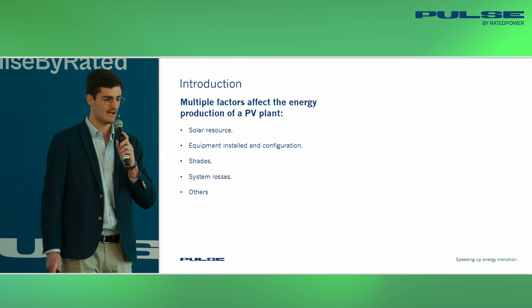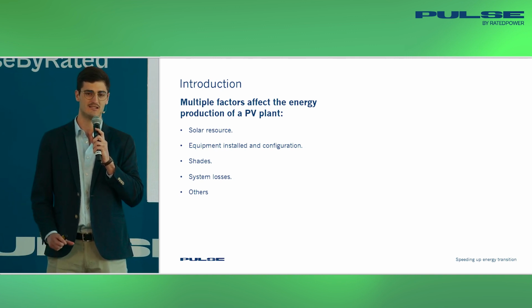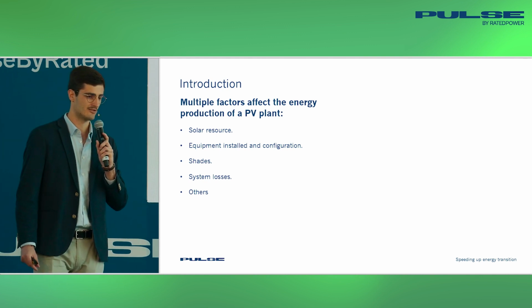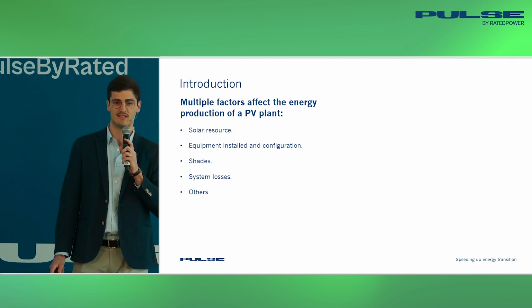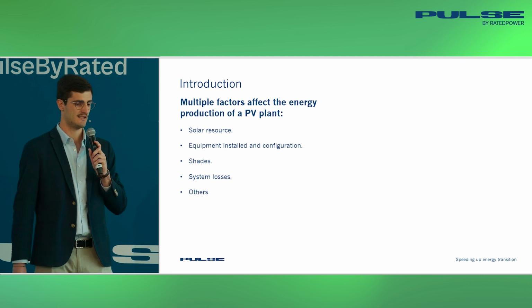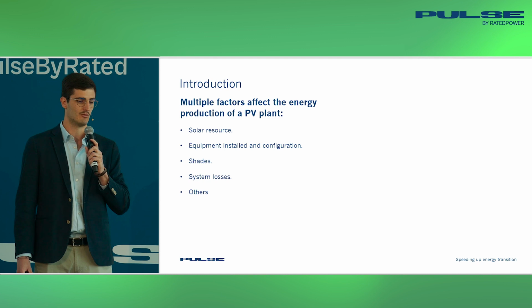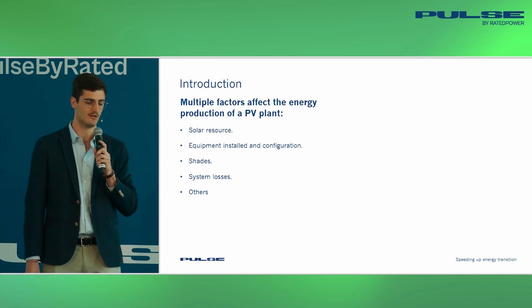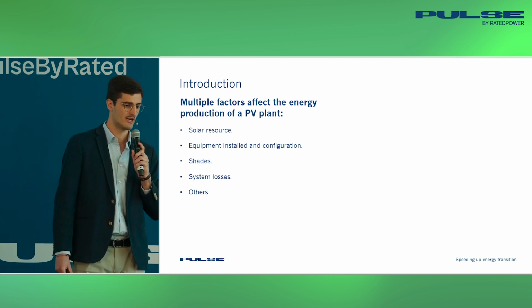So going ahead, as we know, when we are simulating the energy production that we can get from a PV plant, there are multiple factors that will affect the final value, the energy yield that we can estimate for our project. Here I listed some of them: the solar resource, the equipment installed and the configuration that we are using, also the design criteria for our specific project.